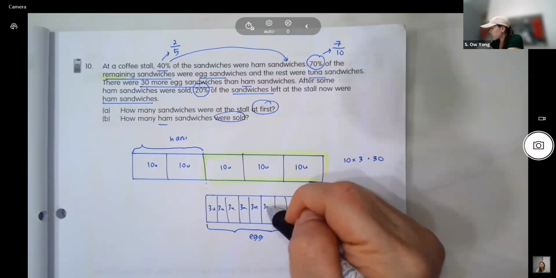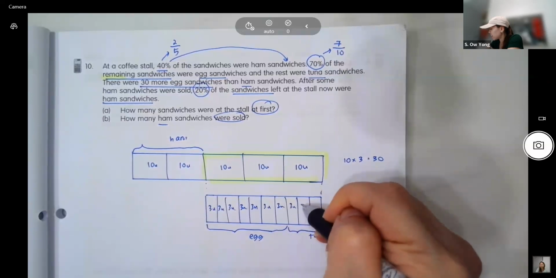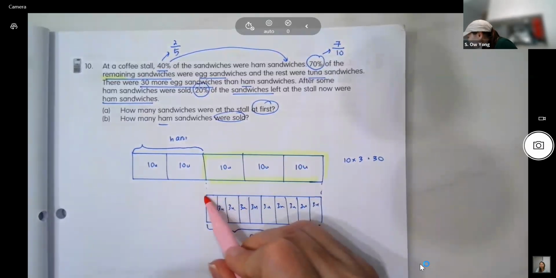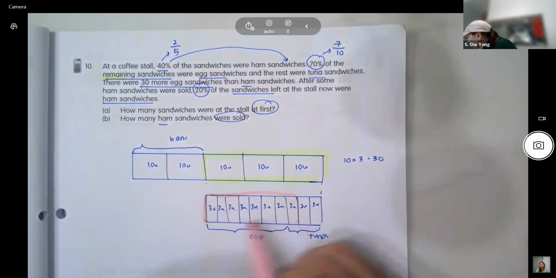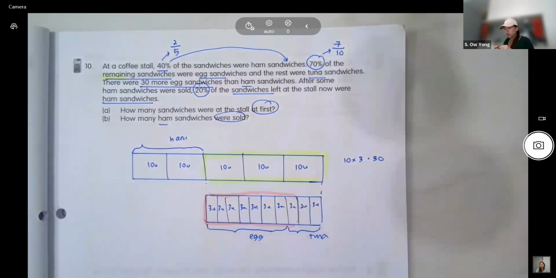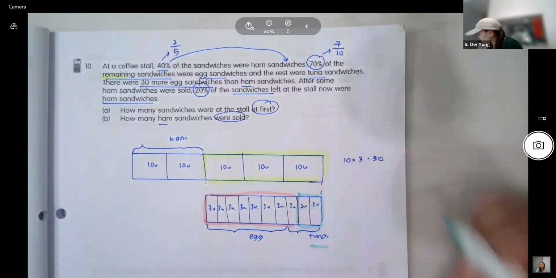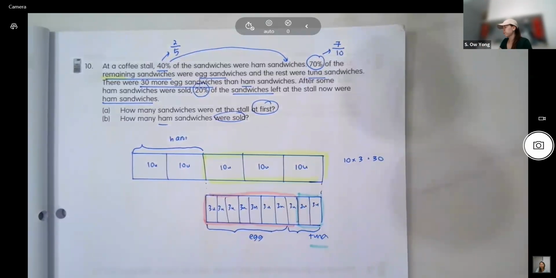I'm doing subdivision. In your language, it's called cut. So at least you're very clear. You know that the 8 is from here to here. The tuna is from here to here. That is 6 units.